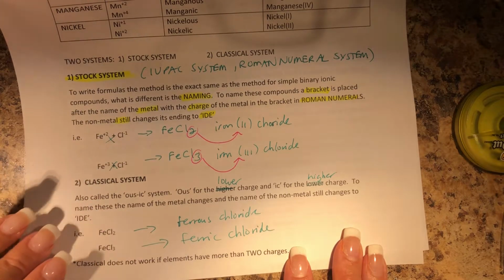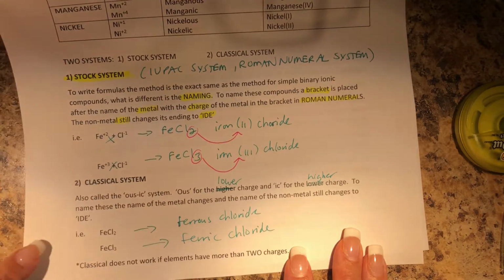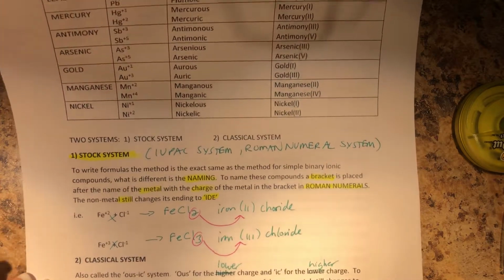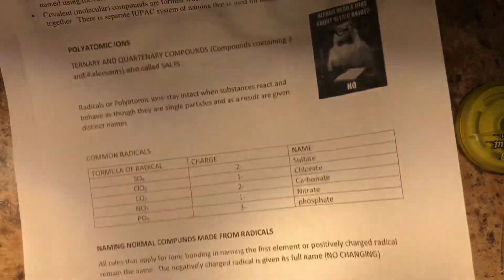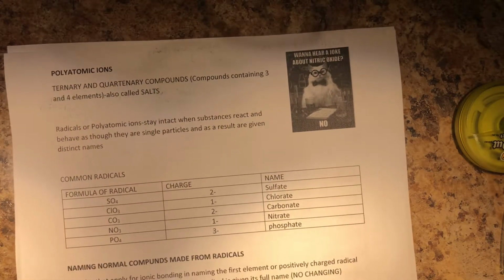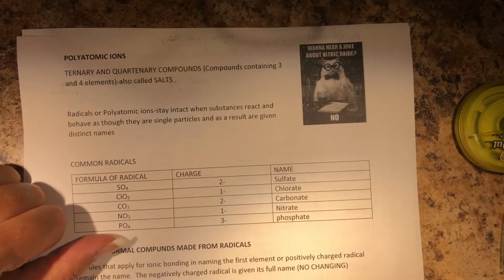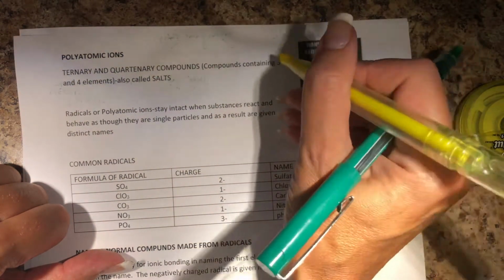So lastly, for the ionic compounds with metals and polyatomics, we are going to look at polyatomic ions. They are also called ternary and quaternary compounds, and they contain 3 and 4 elements.